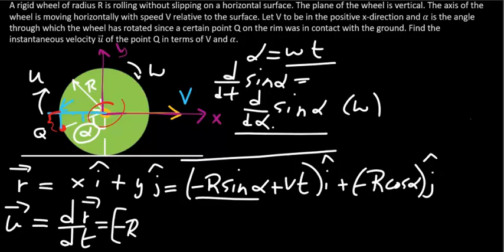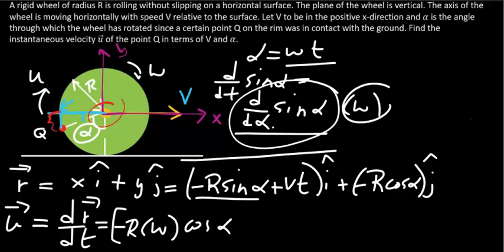This will give you cosine alpha. So substituting everything, you get minus r omega times cosine alpha. The second term is easy. It is explicitly dependent on time, so when you take the derivative of vt with respect to t, you get v. So the i component, or the x component, is solved.